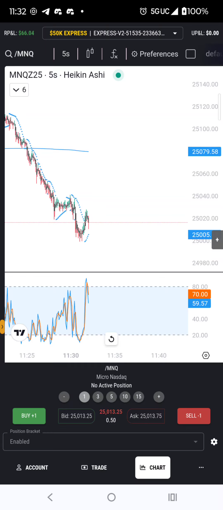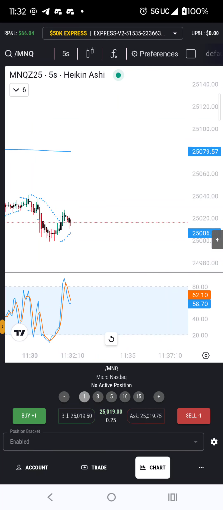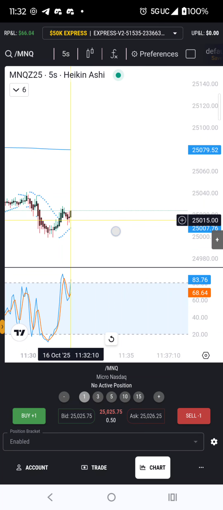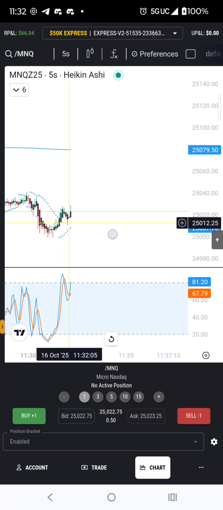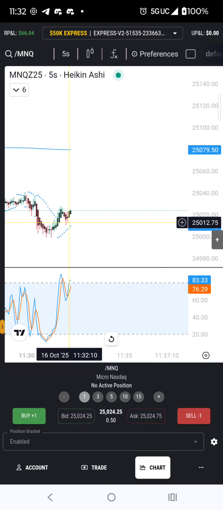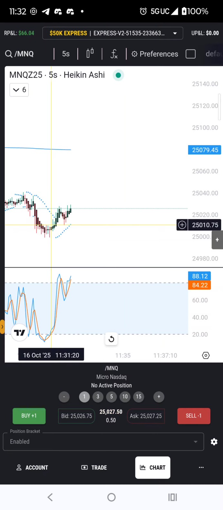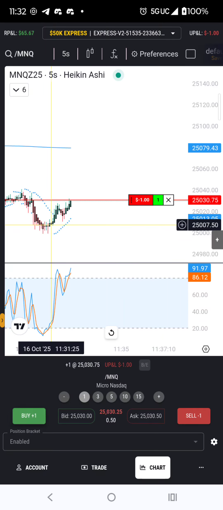But just wait, because it may be trying to change that trend right here. A lot of times I used to get caught selling from here, and then it would just buy, because it's changing the trend. So instead, learn from that.